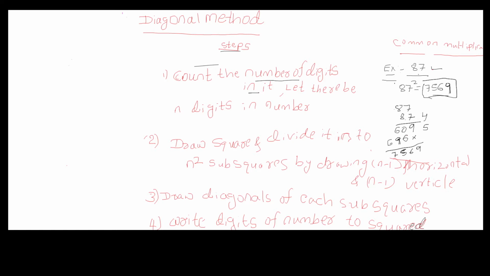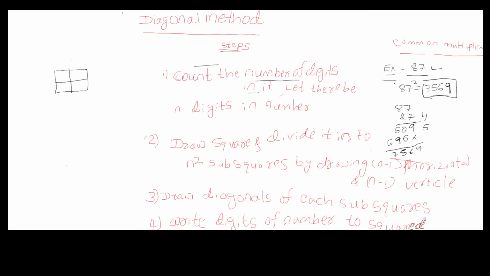We have 2 digits, so 2 into 2, that is 2 squared is 4. We are going to get 4 sub squares like this.